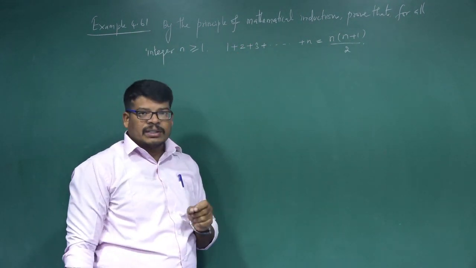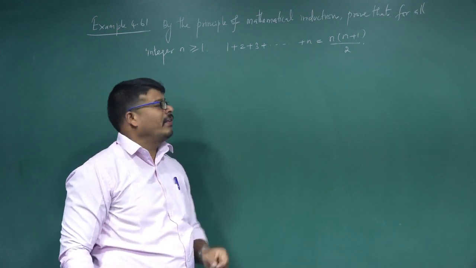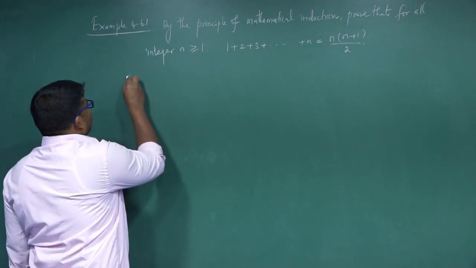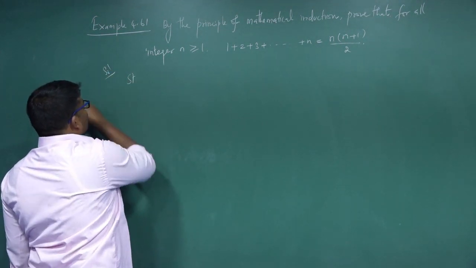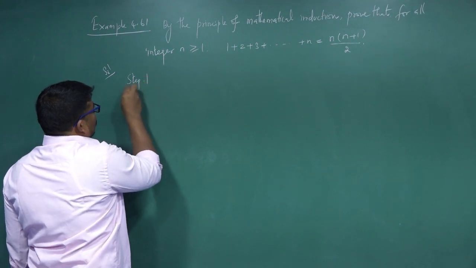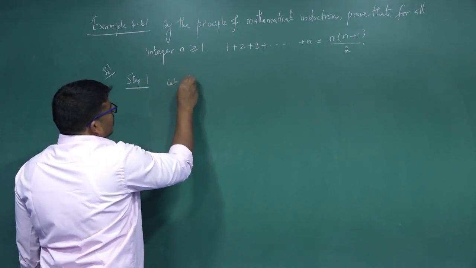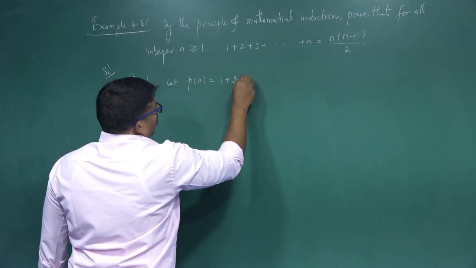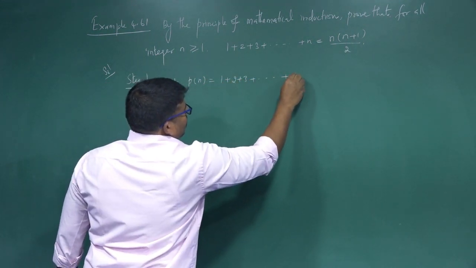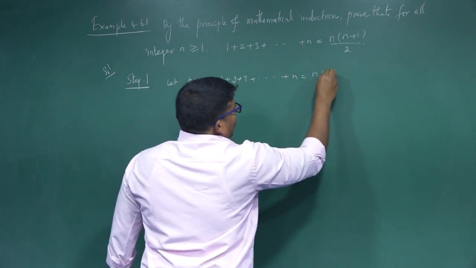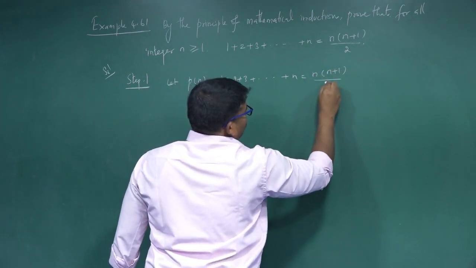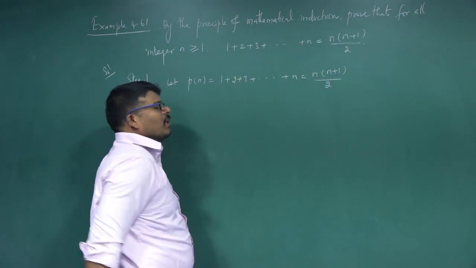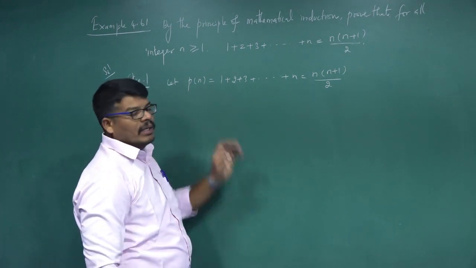Step 1: given the statement, write it as P of n. Solution. Step 1, given the statement, let P of n equal 1 plus 2 plus 3 plus and so on, plus n equal to n into n plus 1 by 2. Write it here as P of n.